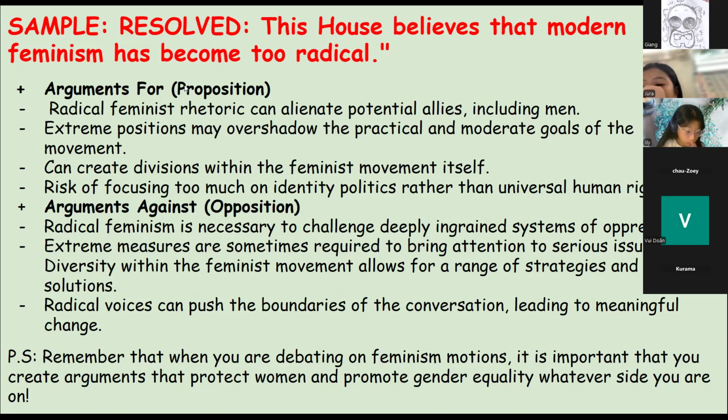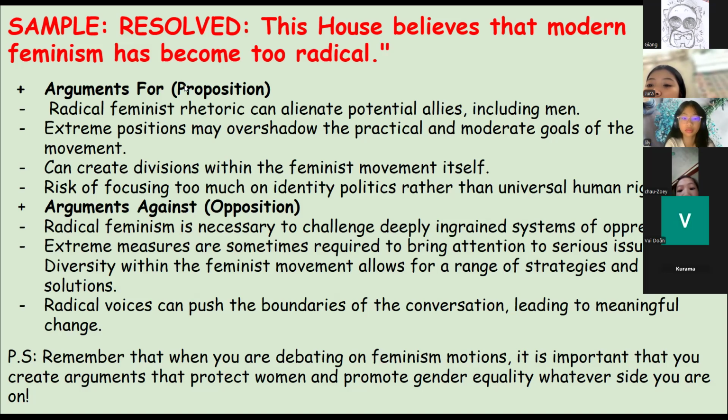Zoe, are you here? Yes. Can you read for me the arguments against, the opposition? Radical beliefs are necessary to challenge deeply ingrained systems of oppression. Extremes are sometimes required to bring attention to serious issues that persist within the movement.